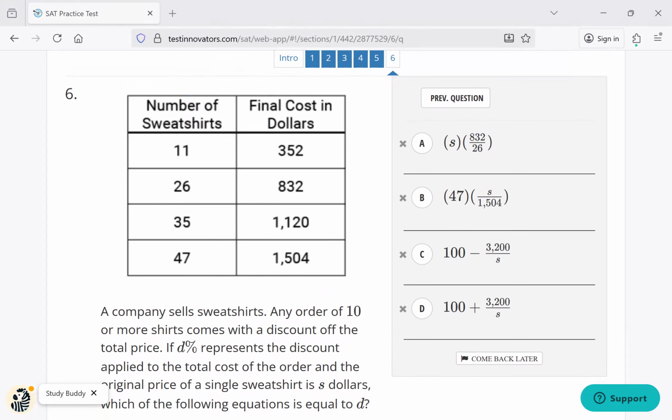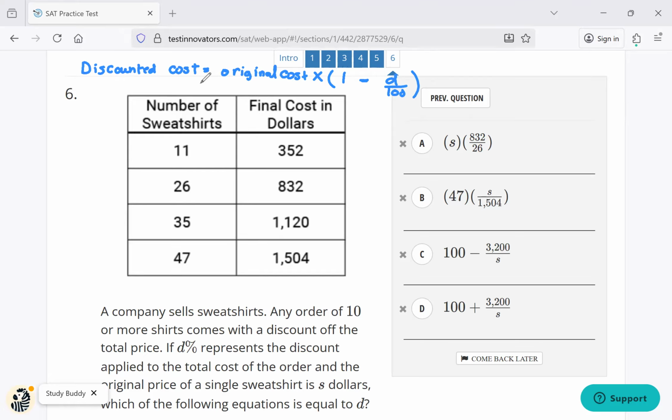My equation is going to be discounted cost equals original cost times 1 minus D over 100.